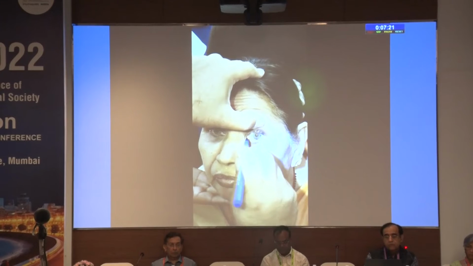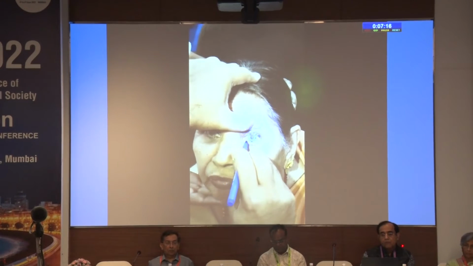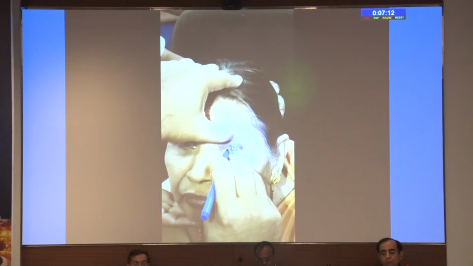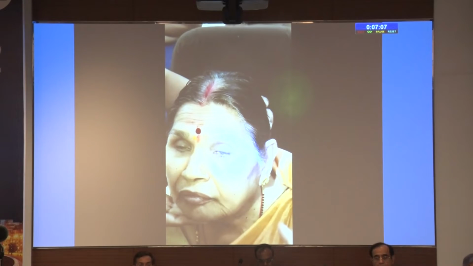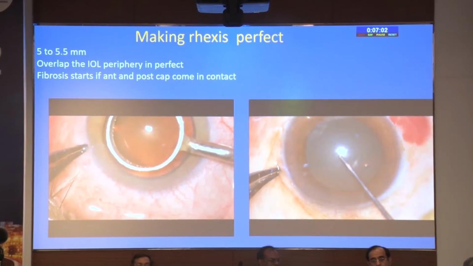You put a Paracaine eye drop, ask the patient to look straight ahead, and with freehand marking you just make 3 marks, 180 degrees apart and 90 degrees. This makes things practically easy. But initially, in the beginning, you need to take help of gadgets and keep refining. Finally, you'll come to a stage when you can do all this freehand marking, and this is practically equally good in our results.